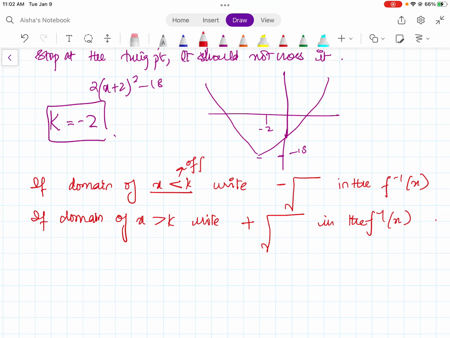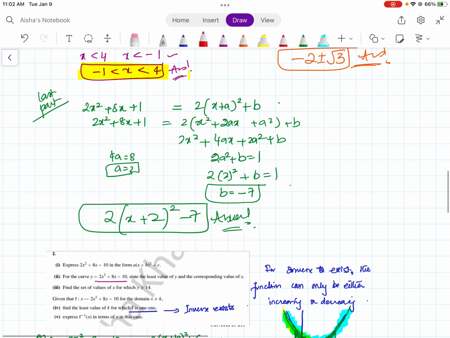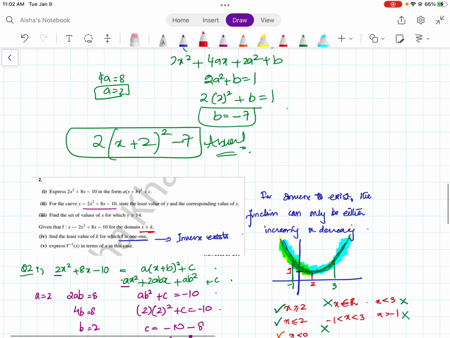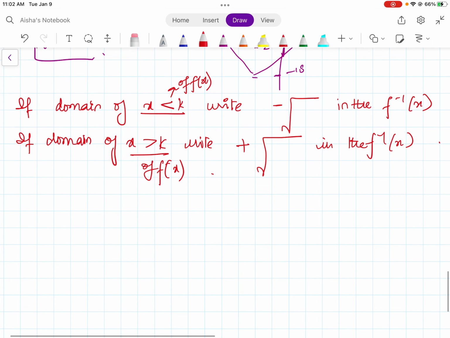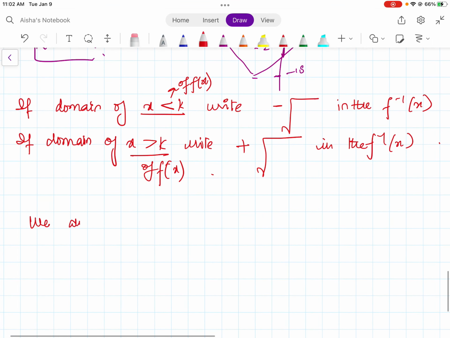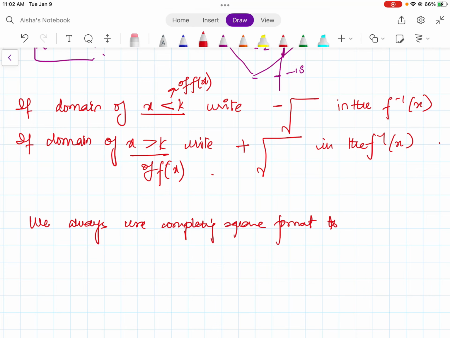This is based on the domain of f of x, not of the inverse. So over here the domain of f of x is greater than minus 2. We always use the completing square format to make the inverse expression of f inverse.